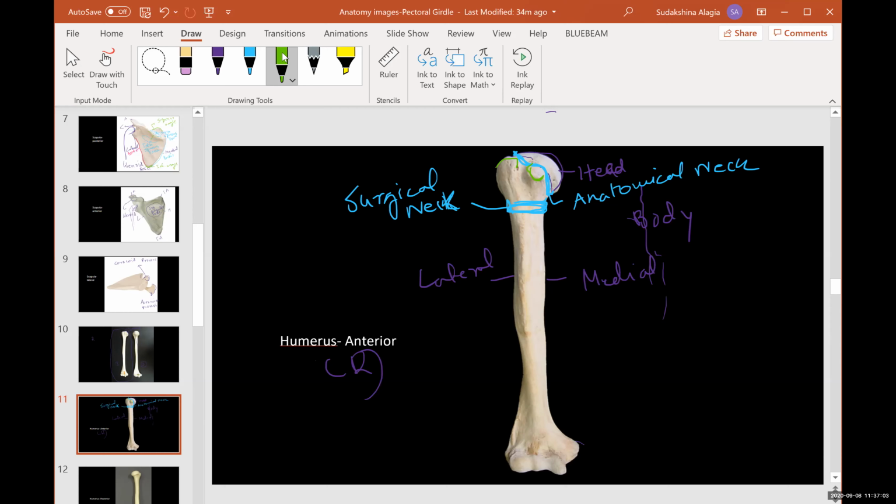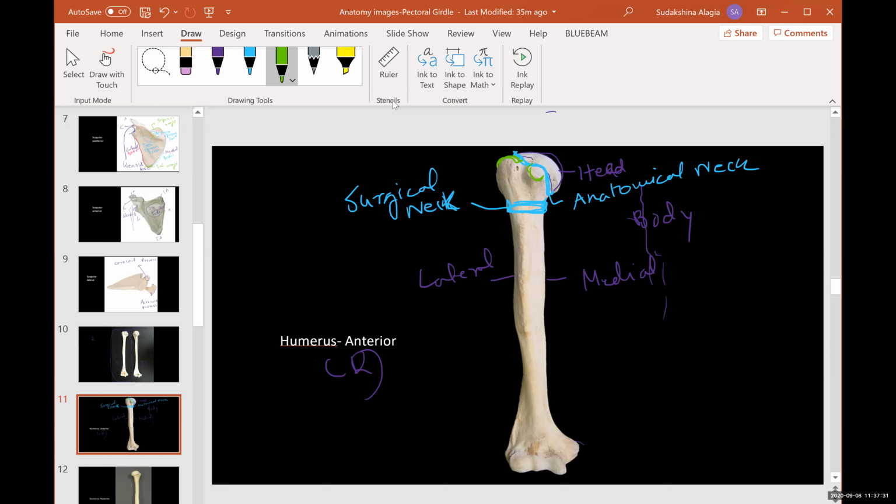So these would be called tubercles. Which tubercle is which is based on what's above and what's below. It's also based on what's larger and what's smaller. In a real bone, oftentimes this is larger and this is smaller. So greater tubercle and lesser tubercle.